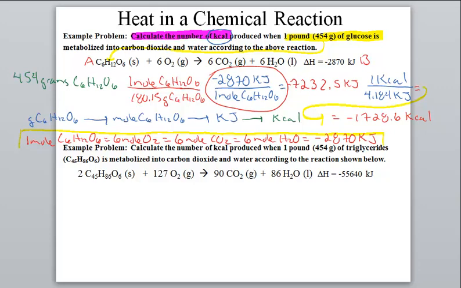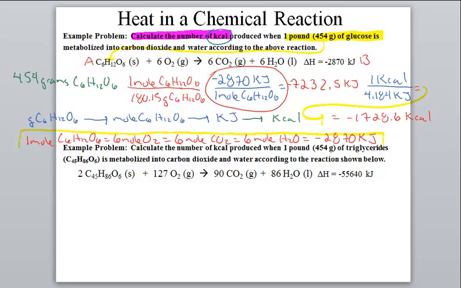Meaning if you metabolize 1 pound of glucose, 1 pound of carbohydrates, that would provide your body approximately 1,700 calories worth of energy. And just remember, you metabolize, just sitting around and studying chemistry all day, about 2,500 calories per day, 2,500 kilocalories per day.